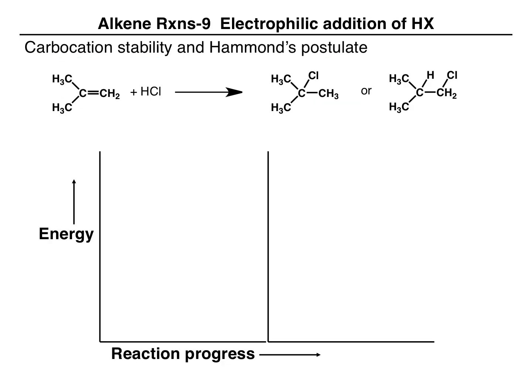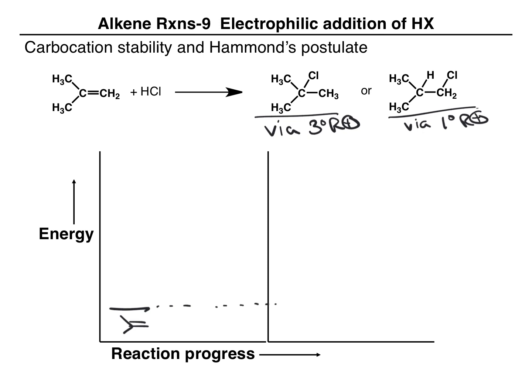Let's revisit what we learned earlier about carbocation stability and Hammond's postulate and see how this applies to electrophilic addition. This product arises through a tertiary carbocation, and this product arises through a primary carbocation. In terms of energy, let's say this is our starting material, and that's the same on both of these.